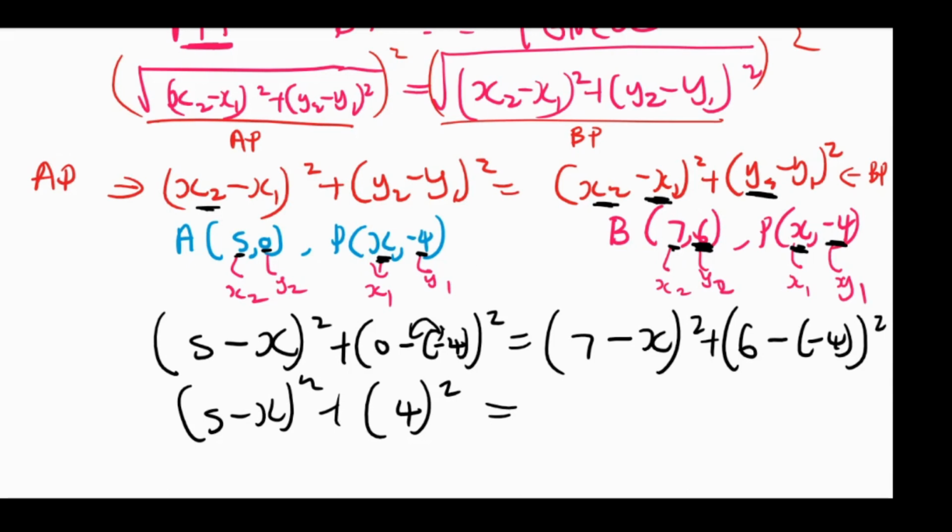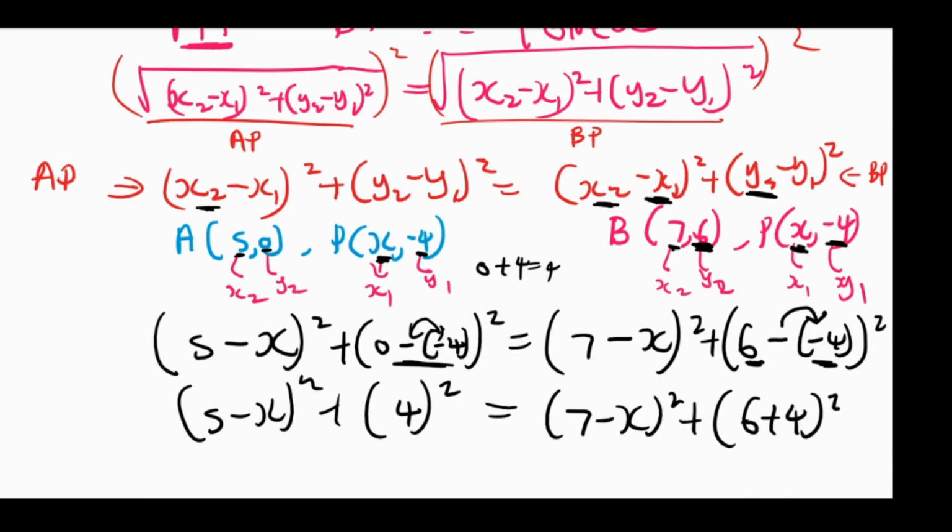So we're going to have 5 minus x squared plus this negative multiplied by this negative gives us positive, so it's going to be positive 4 squared. Why? Because you have 0 plus 4 equals 4 inside, and then equals 7 minus x squared plus 6 plus 4 squared.